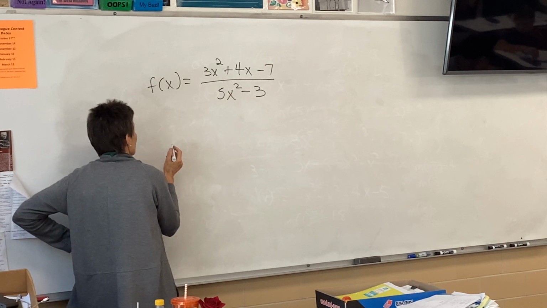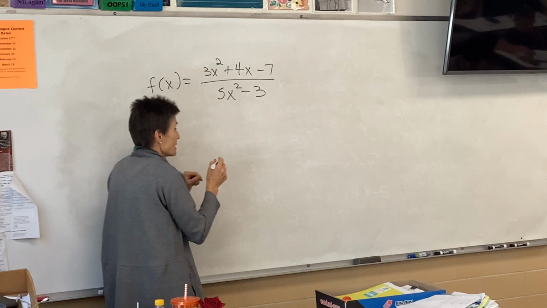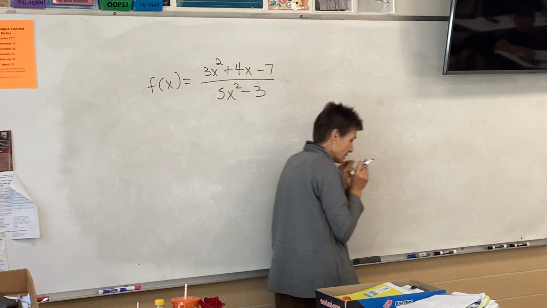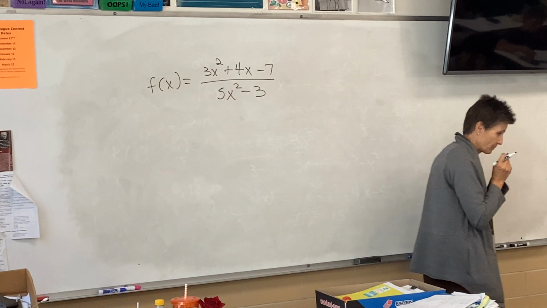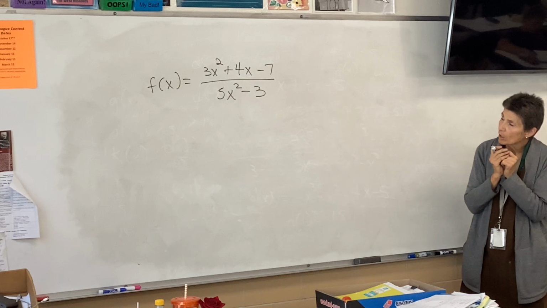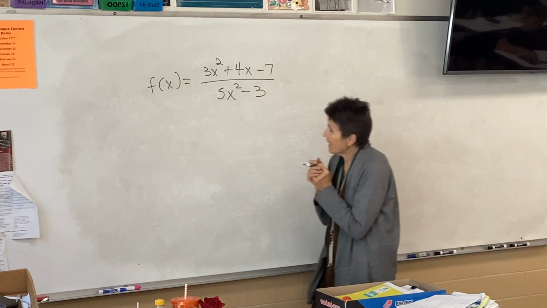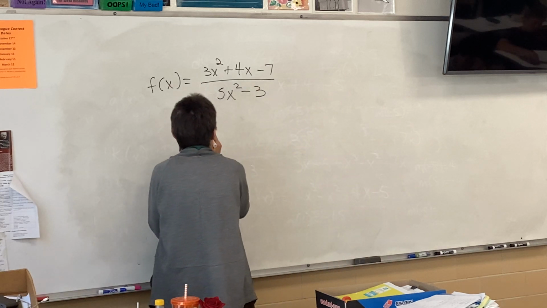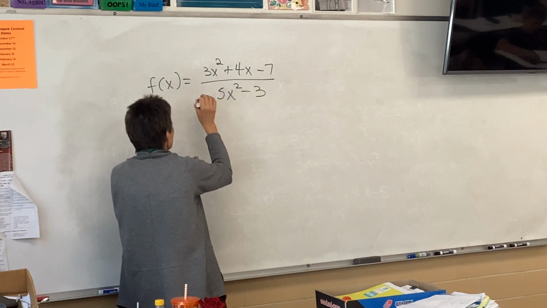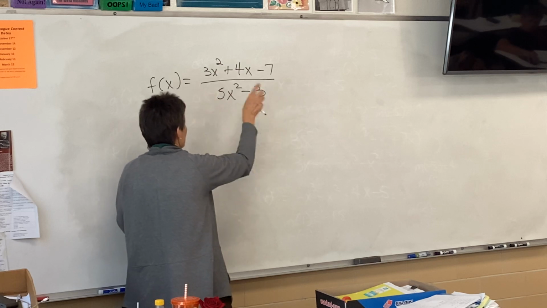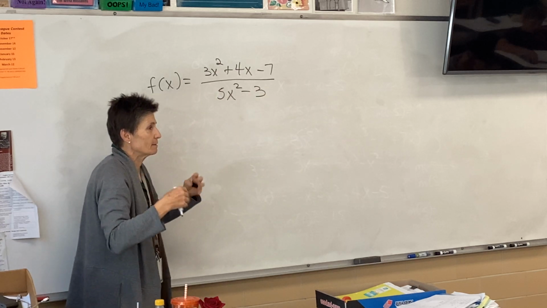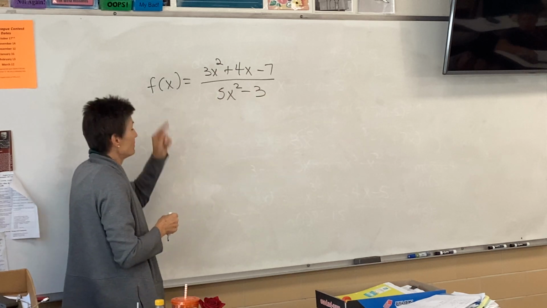We're wondering what happens as x gets really, really big. So think about what we talked about a little bit earlier, actually, with the homework problem. If x is getting really, really big, where is the power, where's the control in the numerator?